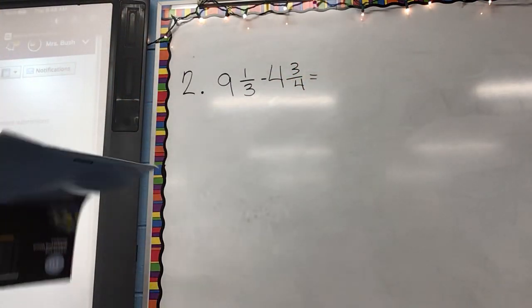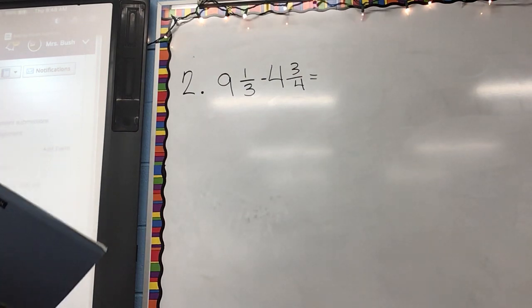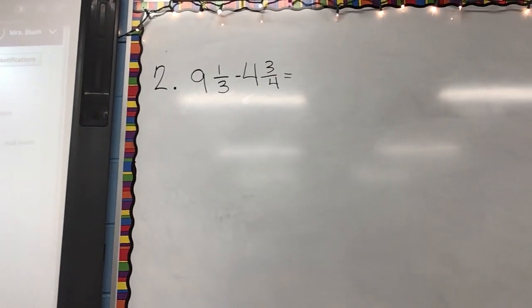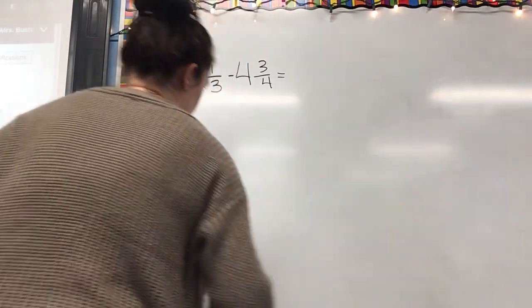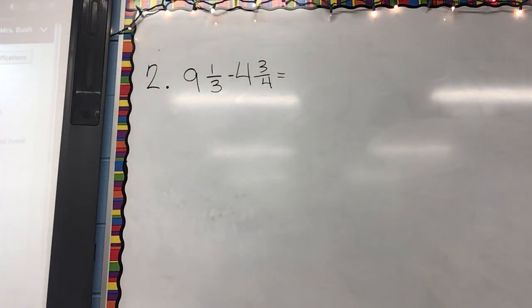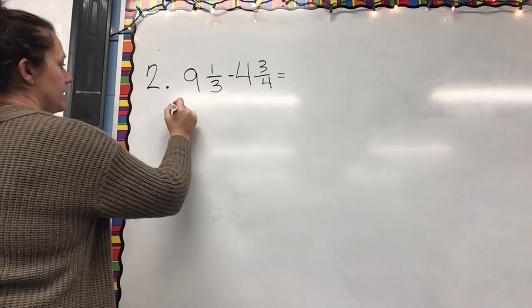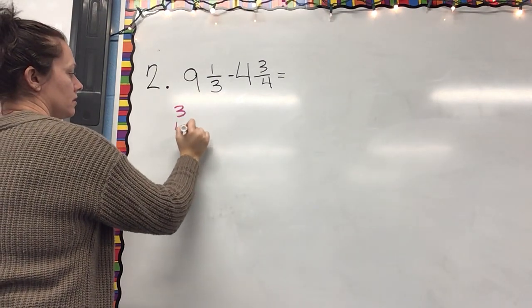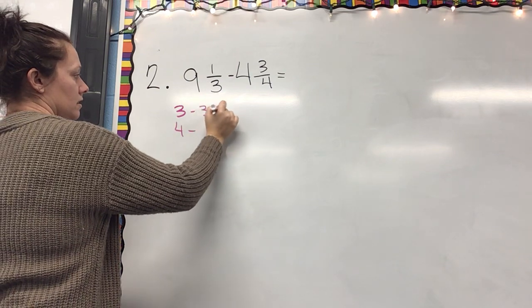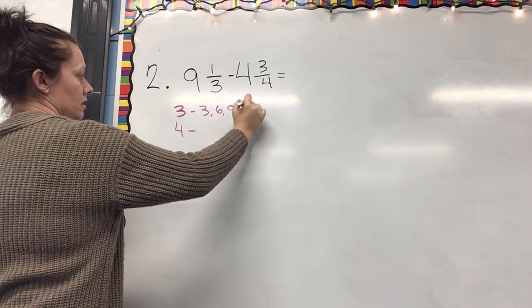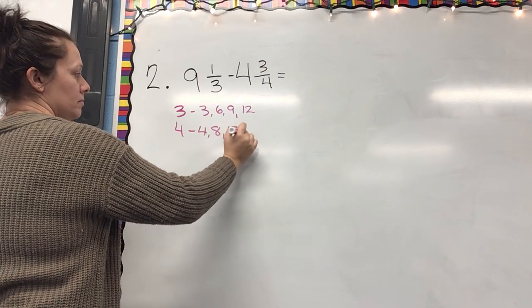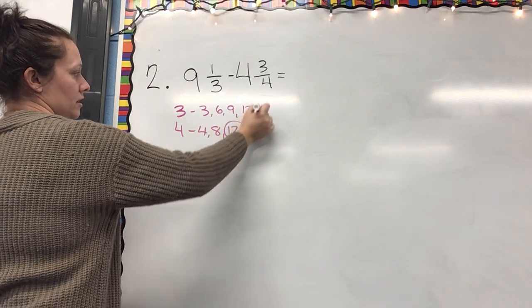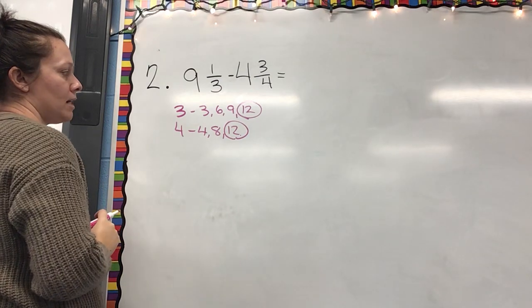All right, 9 and 1/3 minus 4 and 3/4. So I notice that I do not have like denominators, so I need to fix that first. So when I make a list of my multiples, oh, 12 I see will be my common denominator.